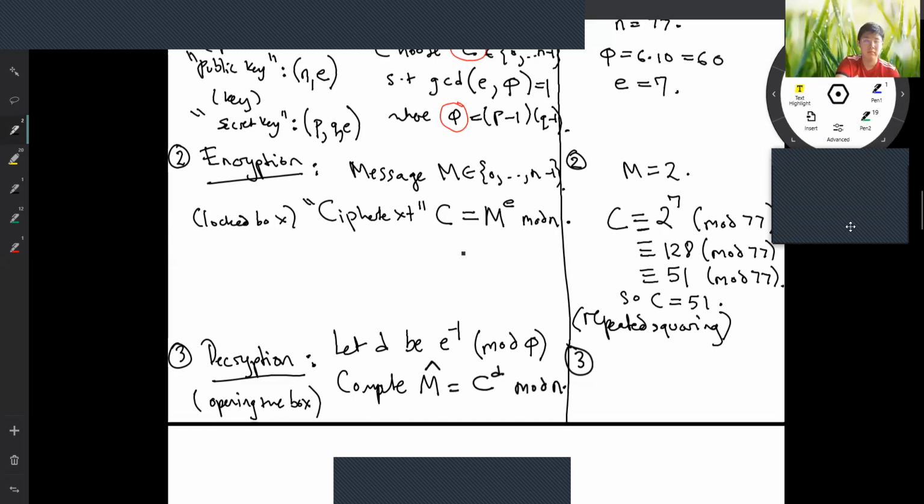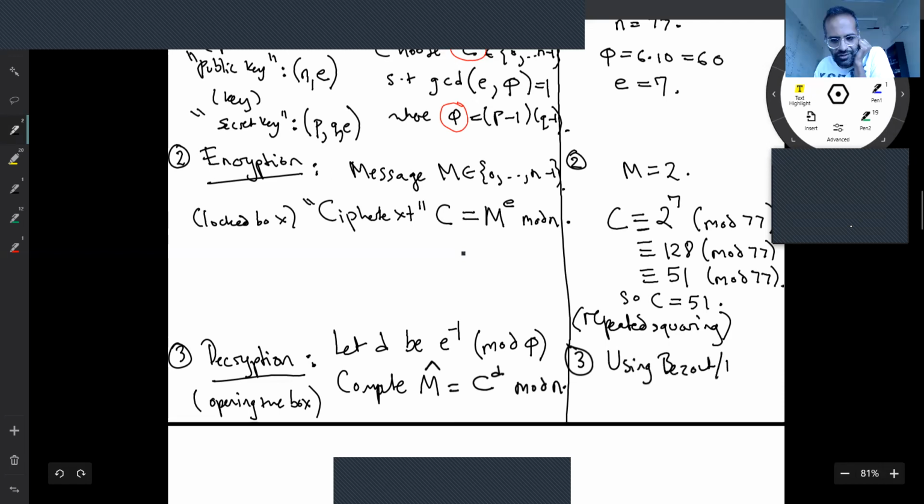Yeah, just use Bézout's theorem, right? So using Bézout or the Euclidean algorithm, you find, I won't do the computation in front of you since you've done it in the homework. You find that D is 43. Okay, so in particular, it turns out that 43 times 7 is congruent to 1 modulo 60.